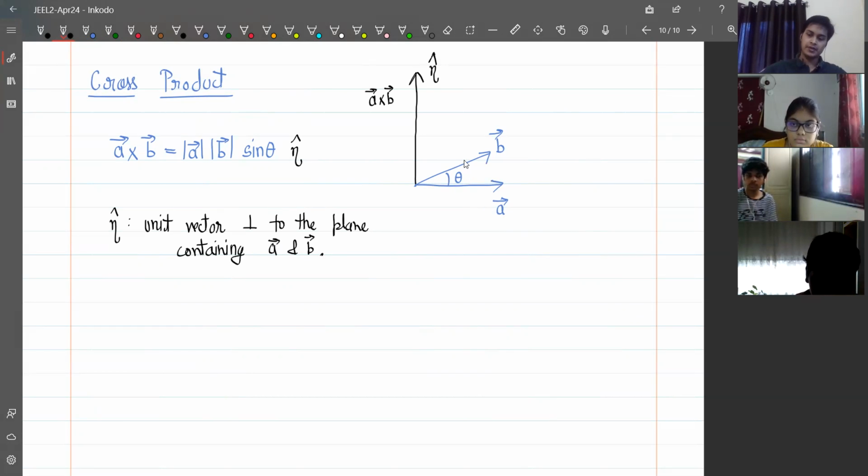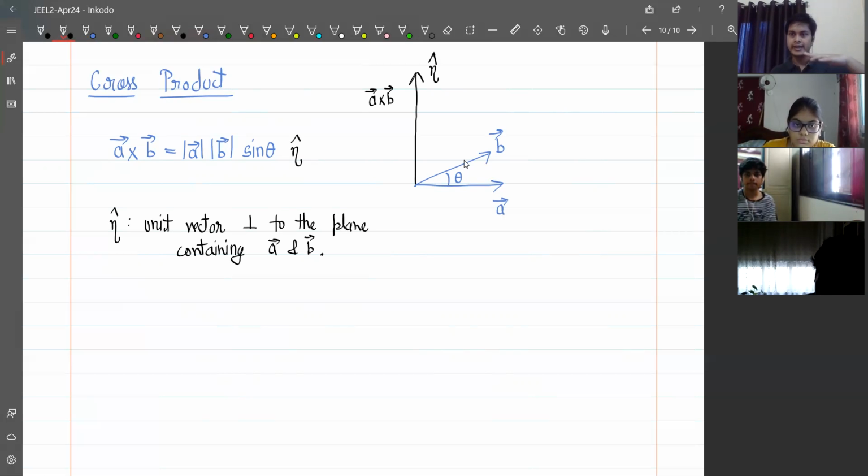Means if A vector and B vector are like this, then I want the cross product to be perpendicular to both vectors. If the cross product is perpendicular to both vectors, that means it is perpendicular to the plane in which they lie. So eta cap is perpendicular to both A and B, that means it is perpendicular to the plane containing A and B. Can you visualize that?